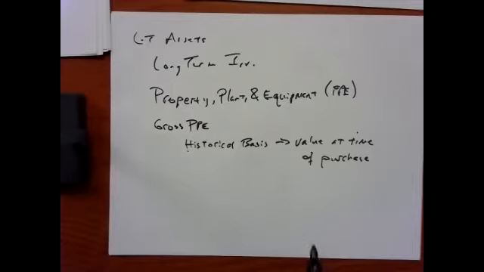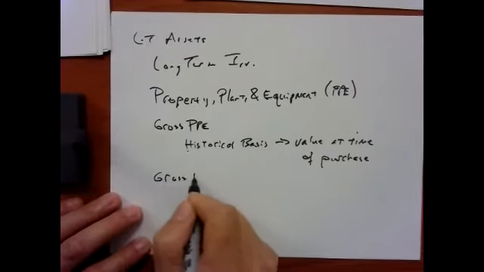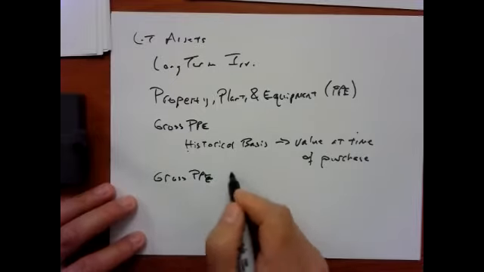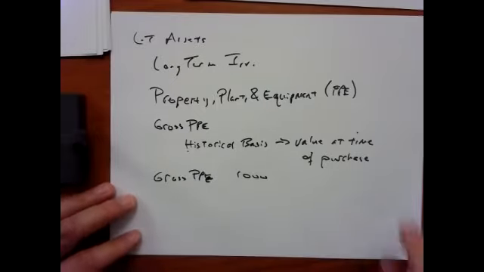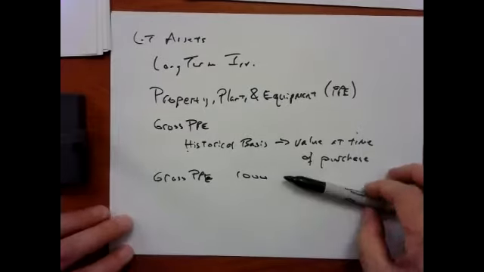If the only thing the university owned was my laptop, then they would report $1,000 on the gross PPE line, the purchase price of my laptop. That never changes. As long as I have my laptop and it remains property of the university, their gross PPE line will have $1,000.